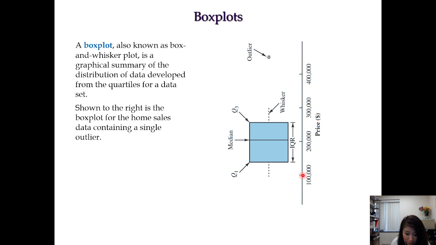So you can read a lot of information related to numeric descriptive statistics from the box plot. If you look outside the dotted line, we have an asterisk, which is considered an outlier.